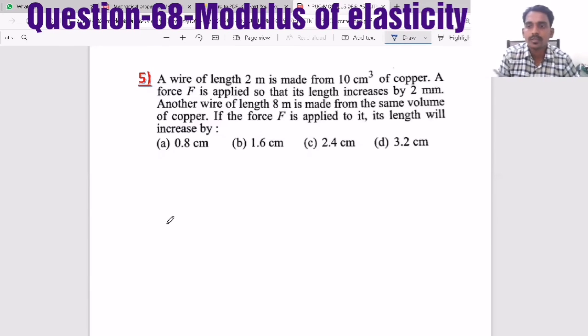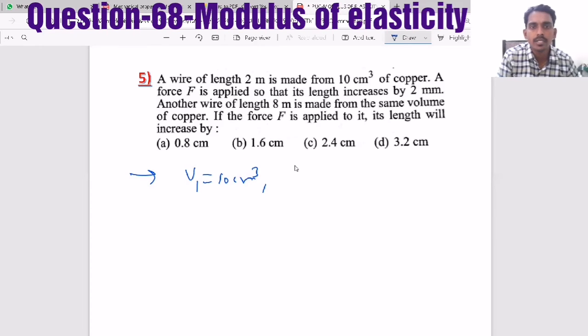Now one last and final question. Here the question is, a wire of length 2 meter is made from 10 centimeter cube of copper. So volume they have given. And a force F is applied so that its length increases by delta L1, which is 2 millimeter. Now another wire of length 8 meter is made from the same volume. So volume is the same.